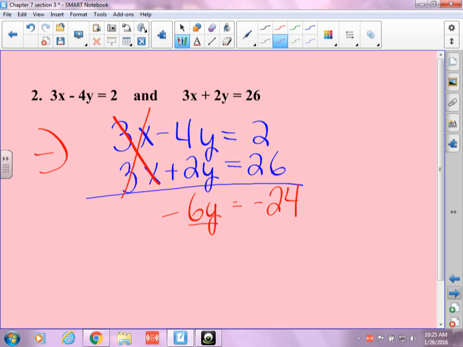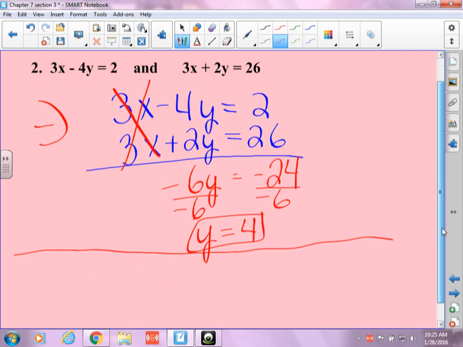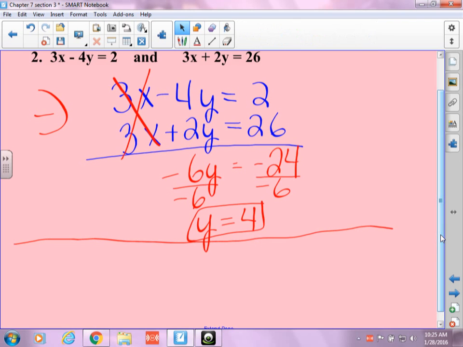And then I divide by negative 6. y gives me 4. Okay, so I found my y. Now I need to find my x. Which equation? Doesn't matter.